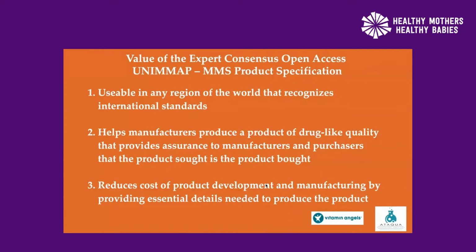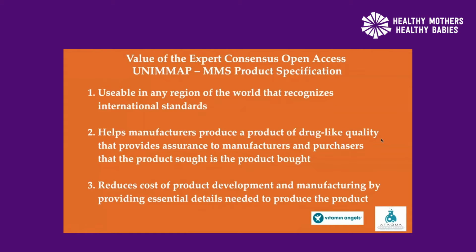There are three primary reasons to use the open access product specification. First, it's written to be used in any region of the world that accepts nutritional supplements to any of 5 internationally recognized pharmacopeal standards and current good manufacturing practice regulations or guidelines.